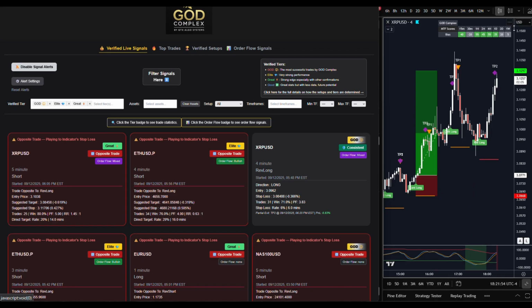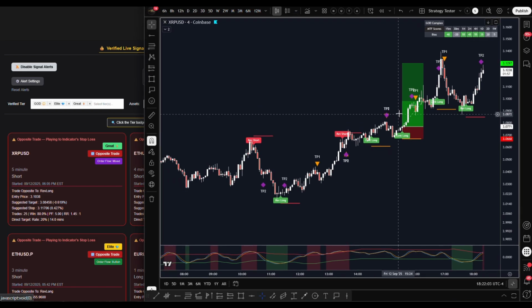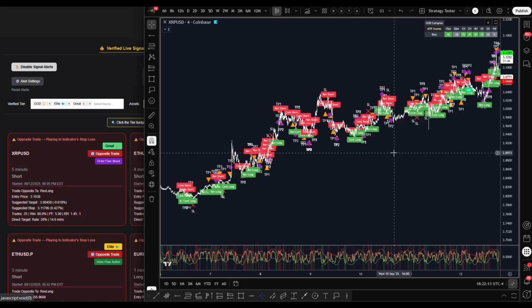This up here is from the God Complex analysis table. It's an optional add-on. I obviously like to have it, mainly just for the high time frame, multi-time frame bias to understand the trend rather than having to look at it myself.